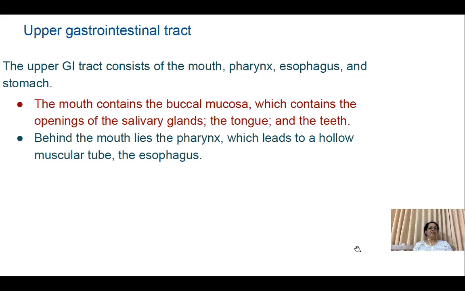The upper gastrointestinal tract consists of mouth, pharynx, esophagus and stomach. The mouth contains buccal mucosa, which contains the openings of the salivary glands, the tongue and the teeth. Behind the mouth lies the pharynx, which leads to a hollow muscular tube, the esophagus.